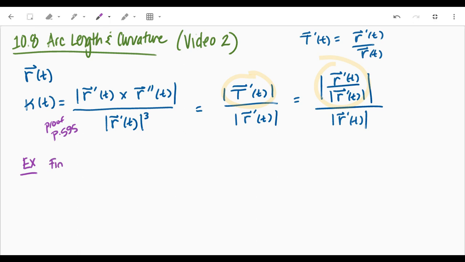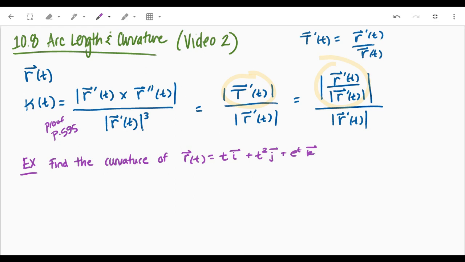We're going to find the curvature of r of t equals t i plus t squared j plus e to the t k.